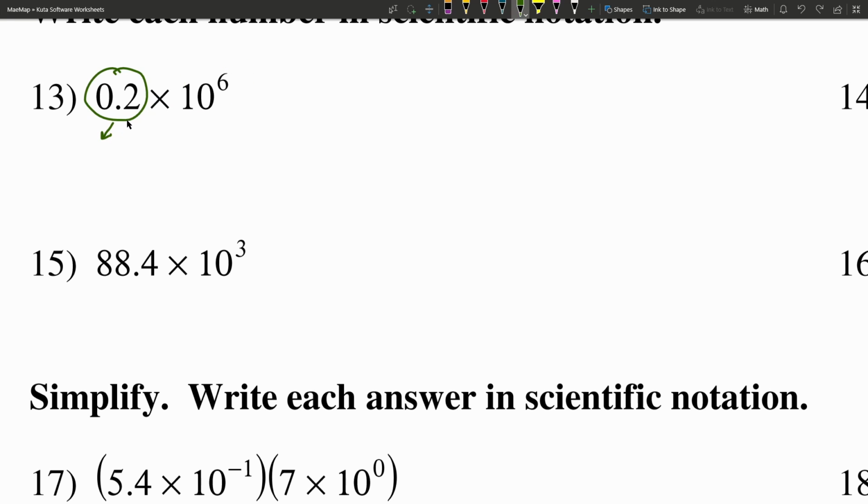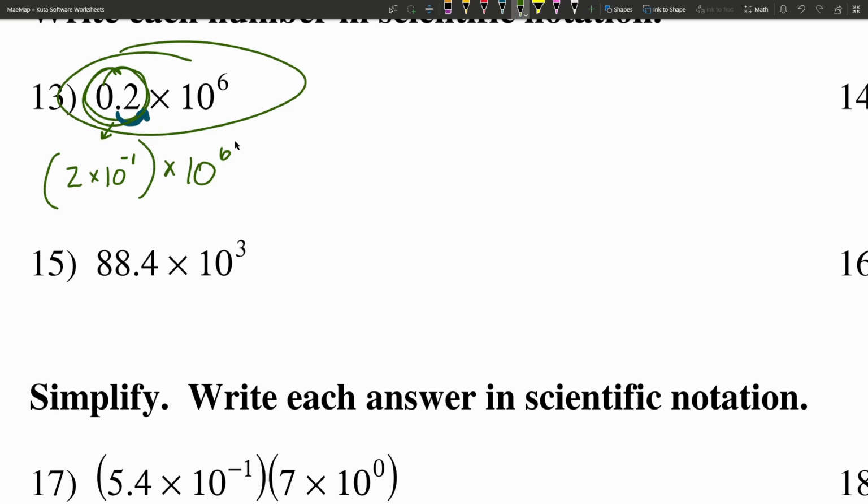So 0.2 in scientific notation, we know is 2 times 10 to the negative 1st, because we need to move that decimal place over 1 to the right. 2 times 10 to the negative 1st is equal to 0.2. Now, once we have 2 times 10 to the negative 1st, which is 0.2 in scientific notation, we still need to multiply this by 10 to the 6th, because that's our original number, 0.2 times 10 to the 6th.